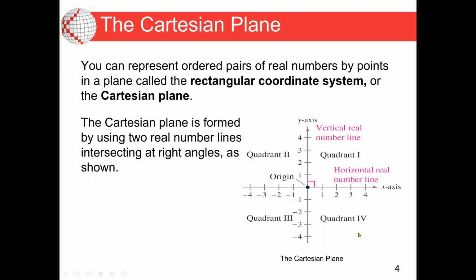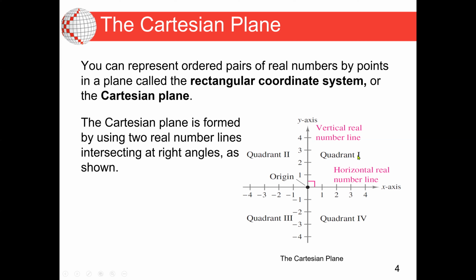So again, the Cartesian plane is formed by using two real number lines intersecting at a right angle as shown here. The origin will be 0 when x and y equal 0, and it forms a right angle, 90 degrees.